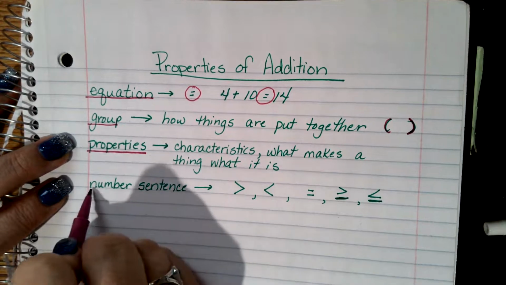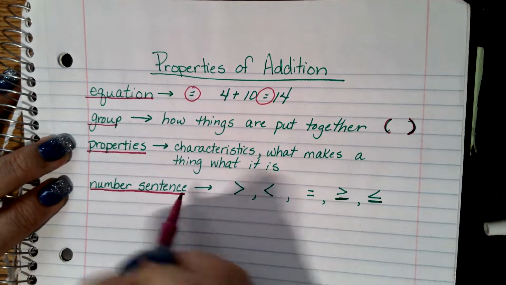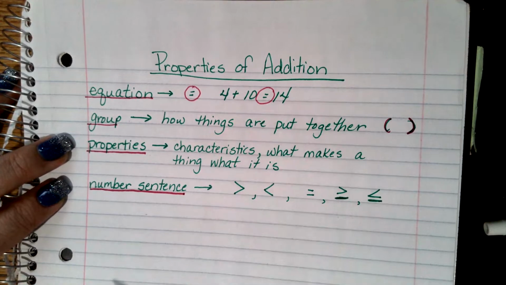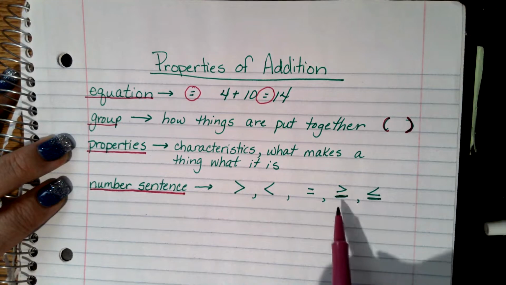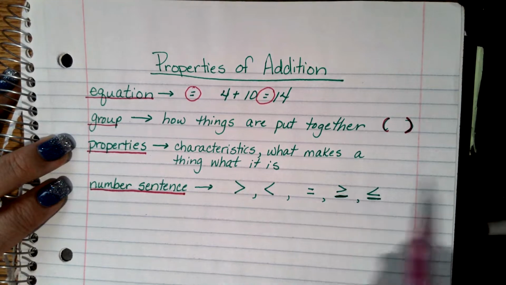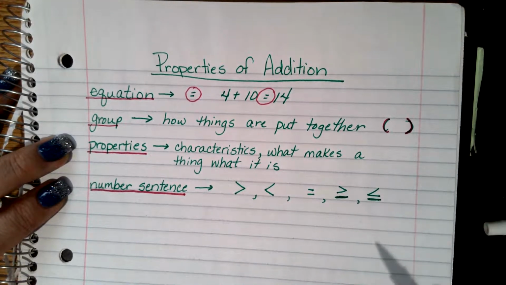Now, a number sentence, much like an equation, is going to have numbers, but instead of an equal sign, you're going to have a greater than, less than, equal to, or greater than or equal to, less than or equal to sign.